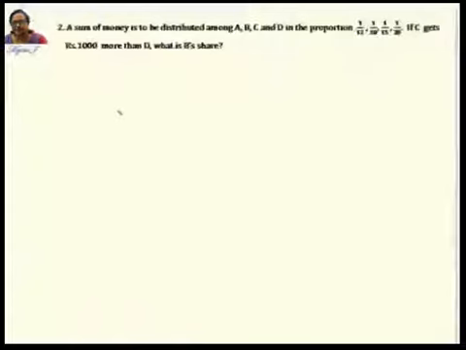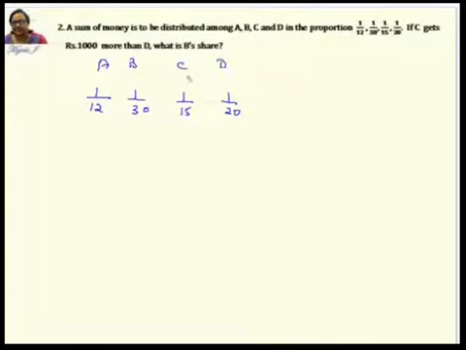So the 4 ratios are given here, and the proportions are given. The 4 values A, B, C, D, whatever is given here, is given in the ratio, proportion, that is 1/12, 1 by 30, 1 by 15, and the last one is 1 by 20. So A, B, C, D are going to take their shares in this ratio.